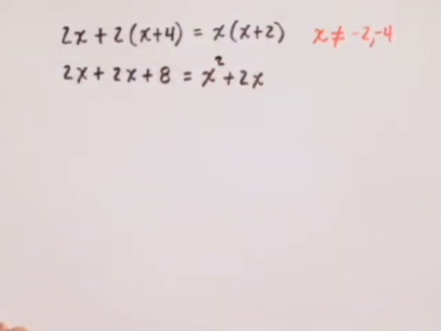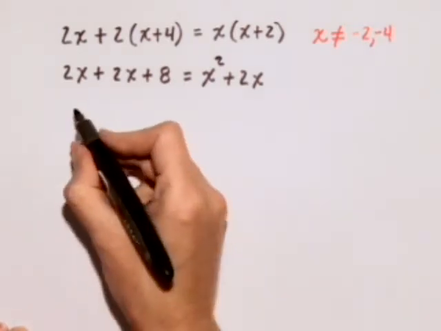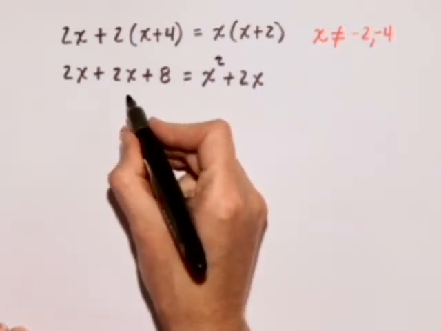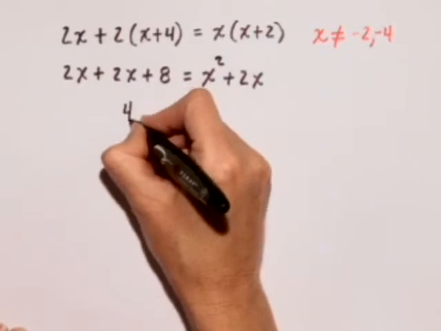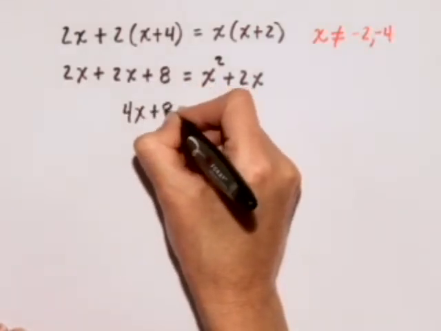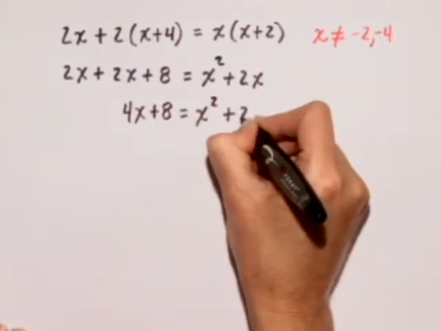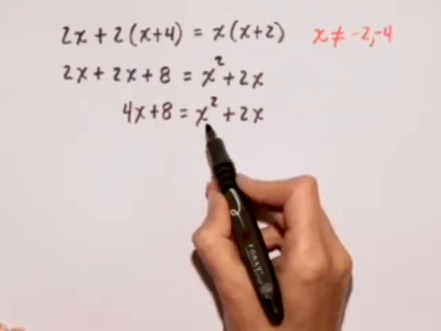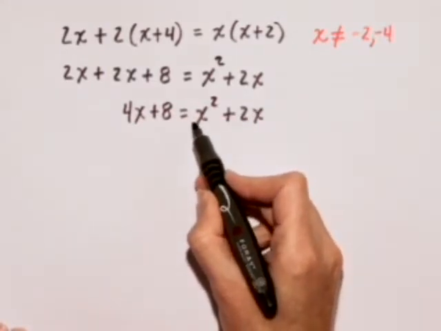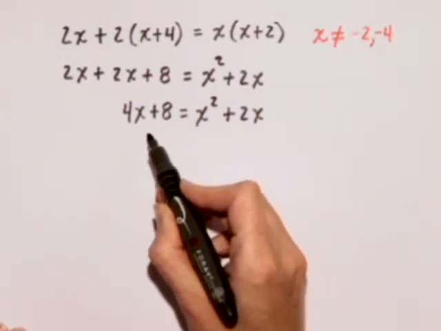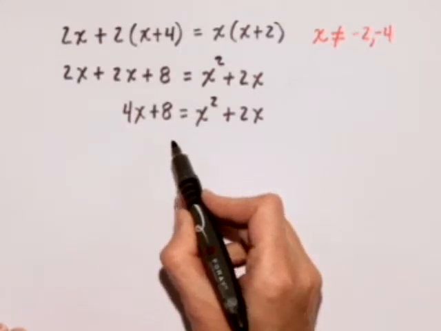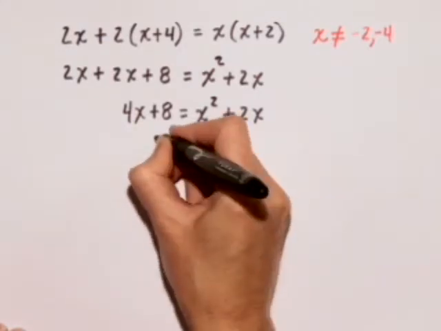This is a quadratic equation now. Let's simplify the left-hand side by combining the like terms, and we have 4x plus 8 is equal to x squared plus 2x. Since my x squared term has a coefficient of positive 1, I'm going to leave it on the right-hand side and move these other two terms on the left-hand side over to the right-hand side.